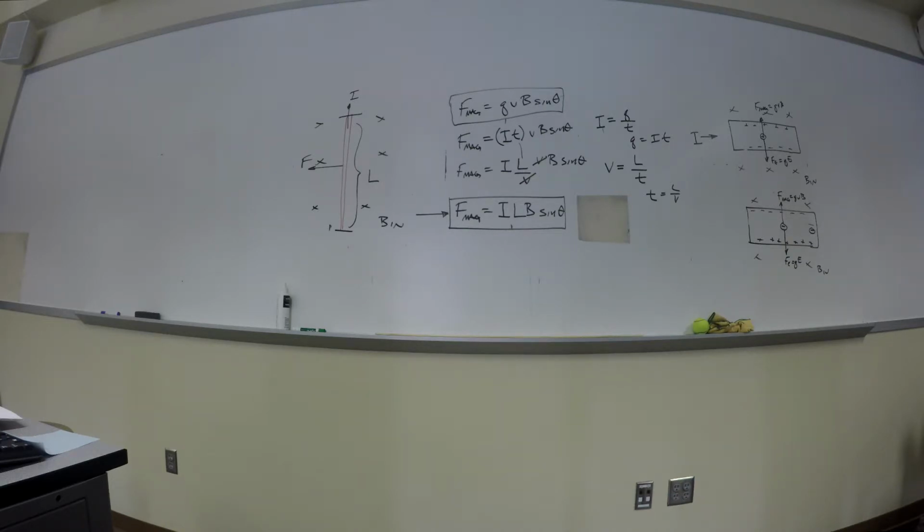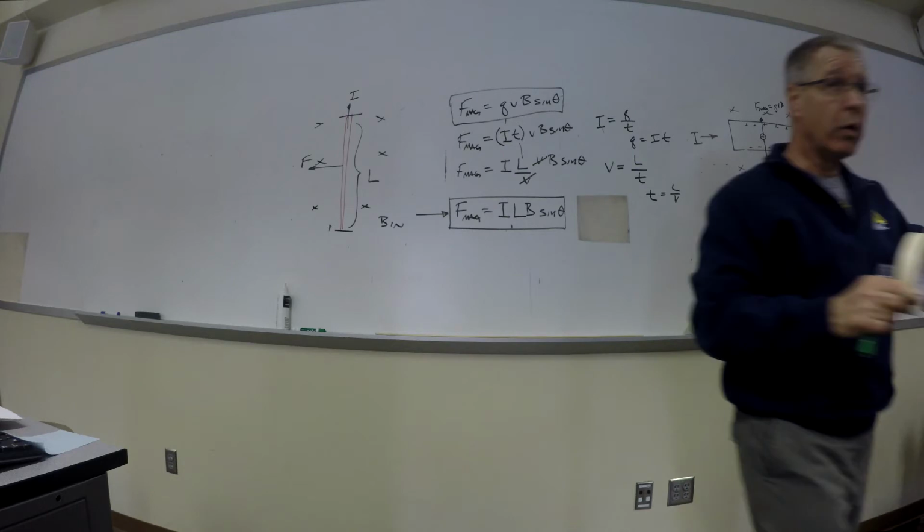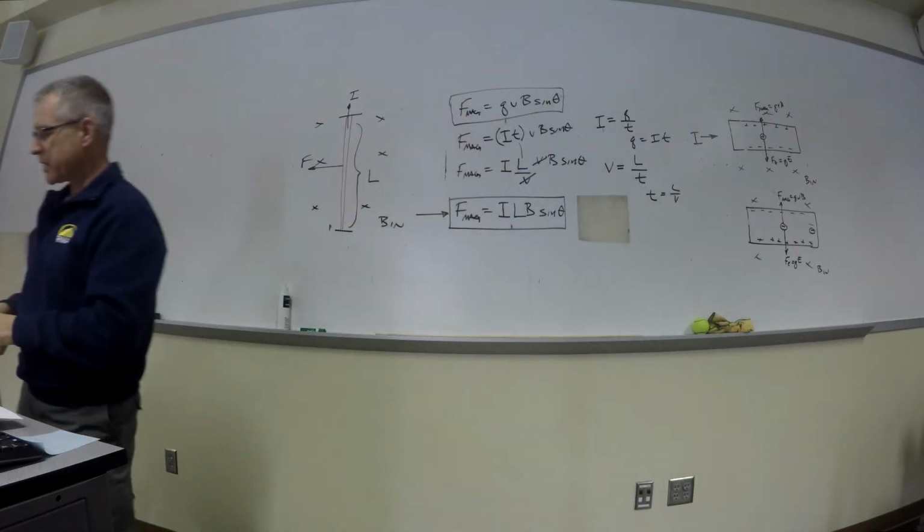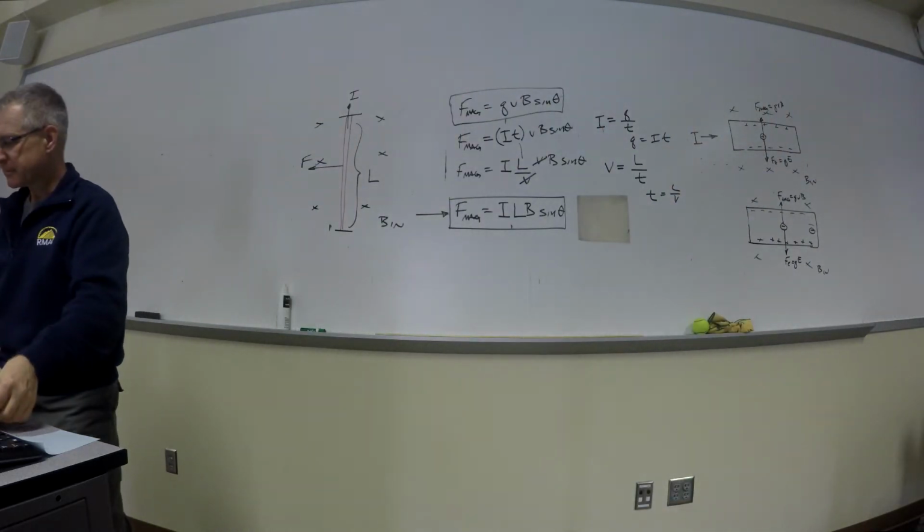But hopefully you see I can get it started at least by putting a loop in a magnetic field and sending a current around that loop. Because this side's getting a kick out towards you, this side's getting a kick back towards me. So we'll finish that off a little bit later when we add some more stuff, but I'm going to just start there.